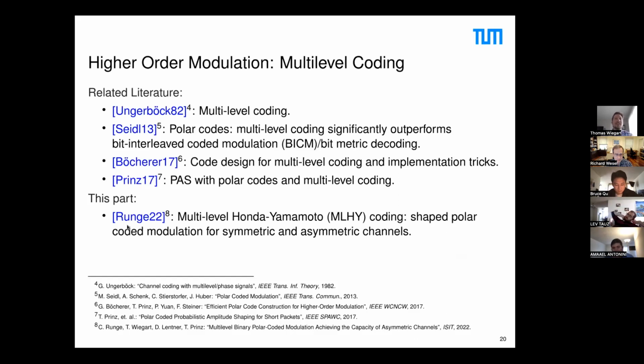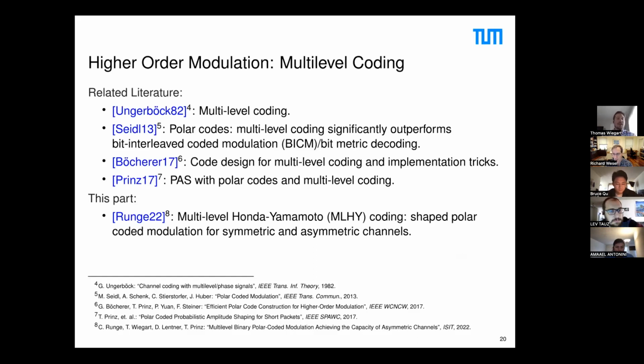He basically did that for his master thesis that I supervised or co-supervised. And the scheme is called multi-level Honda-Yamamoto coding. Honda and Yamamoto were the guys inventing the idea of shaped polar codes. And we're going to extend it here to multi-level coded modulation for symmetric and asymmetric channels.